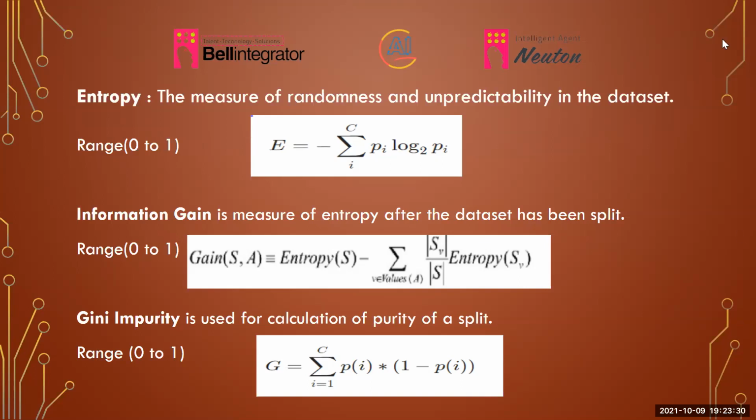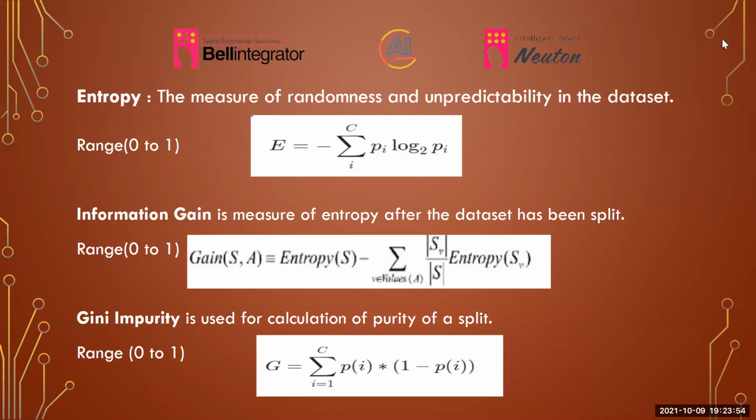Before we leave the screen, let me just read out the formulas for you. The entropy is often represented as H of S, which is equal to the negative summation of Pi. Here we take it as the P positives, P negatives. You will understand this later when you see the formula in working. Just bear with me for now.